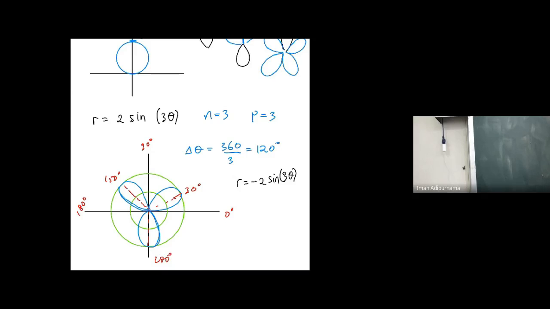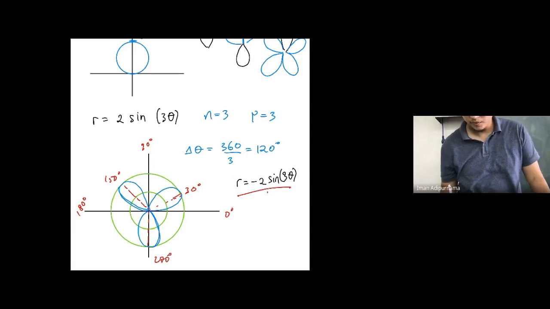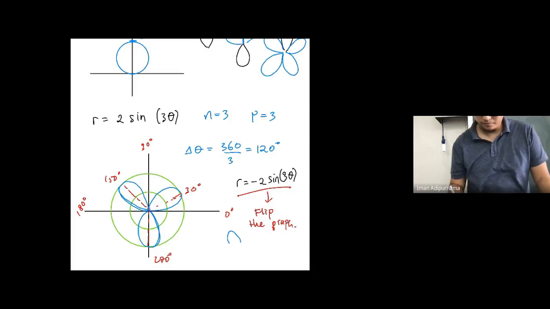What happens if you have negative 2 sine 3 theta? Yes, correct. So you flip, so it becomes this and this. Okay, so you flip this, flip the graph.